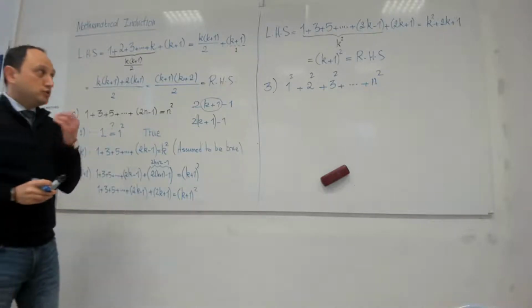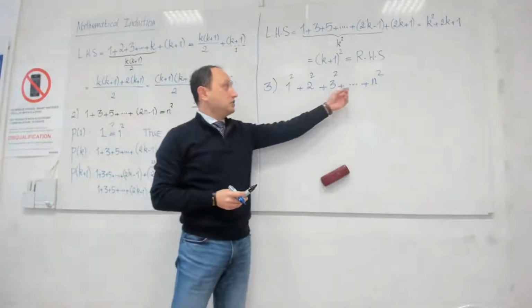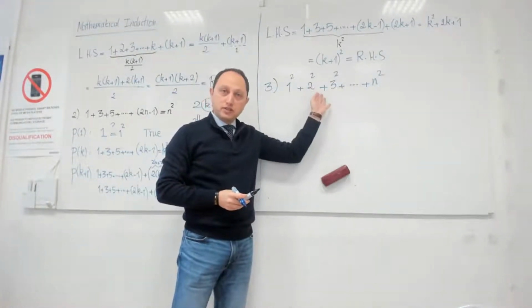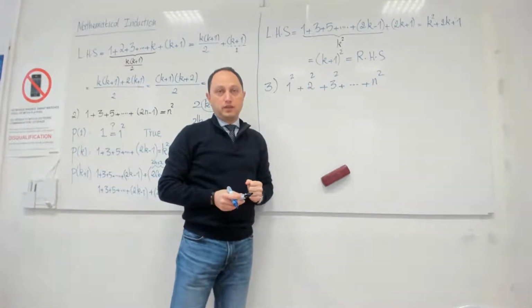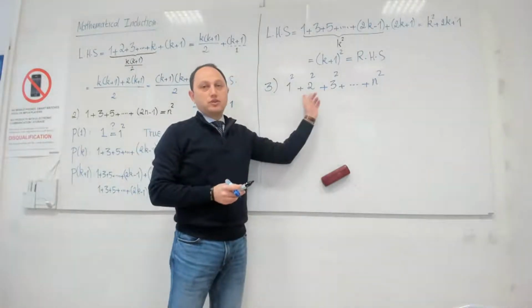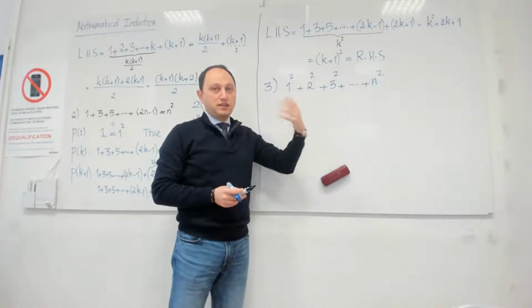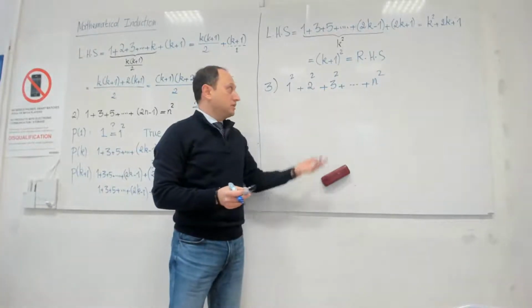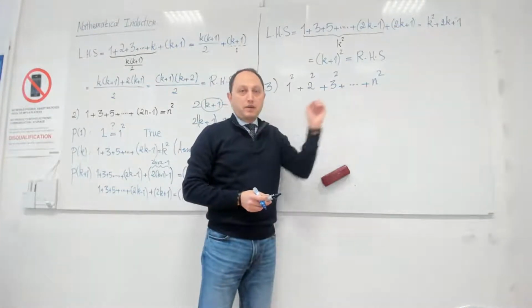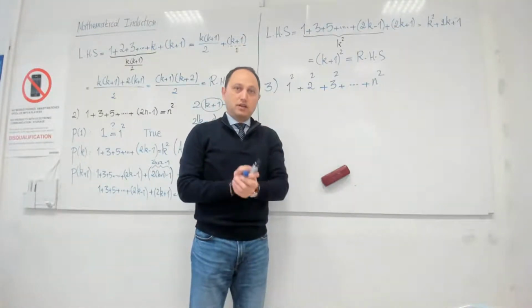If I ask you to find a closed formula, a formula without these dots, for this, it's not easy at all. Do you understand? If I just ask you to find a formula for this, mathematical induction is not that helpful. Mathematical induction works if I have a statement, not an expression.